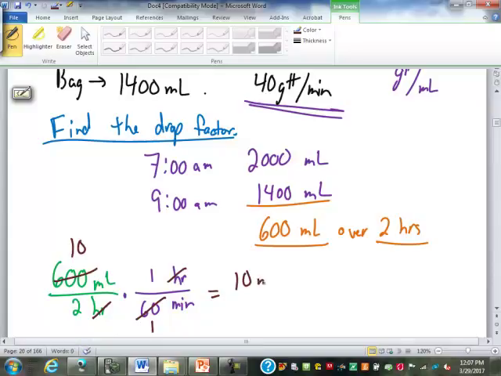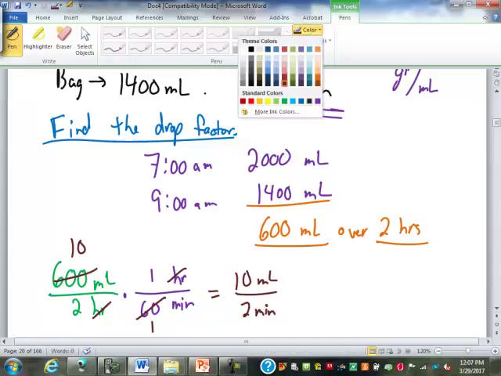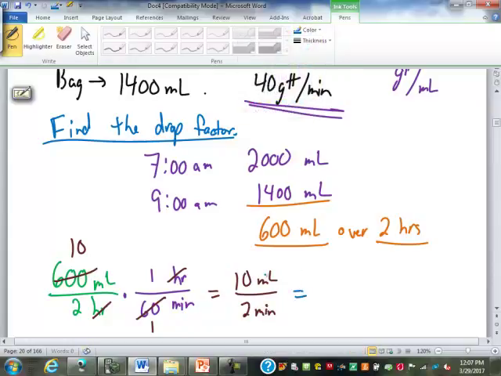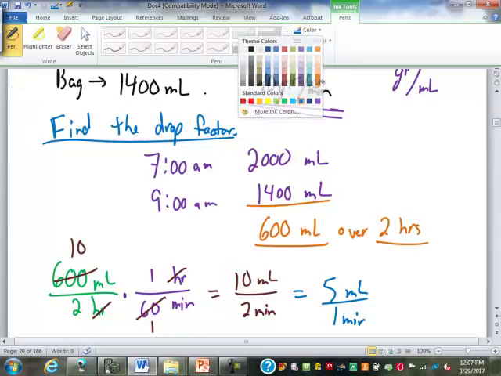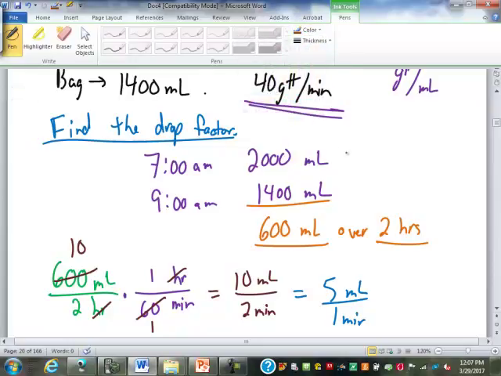So I've got 10 milliliters in 2 times 1 minute, which is 2 minutes. I'm going to divide that out. 10 divided by 2 gives me 5 milliliters in 1 minute. I just did that to make it a little simpler. So we are flowing at a rate of 5 milliliters per minute. I have this flow rate of 40 drops per minute.